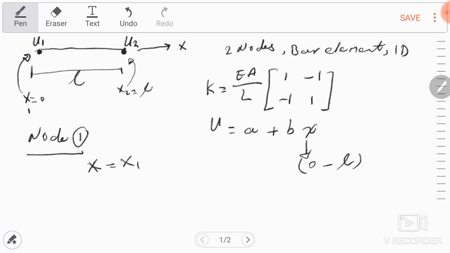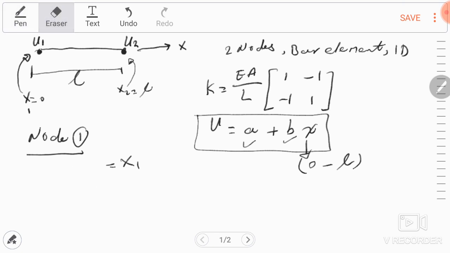Okay, this is the general rule for u. Now I want to find the values of a and b.